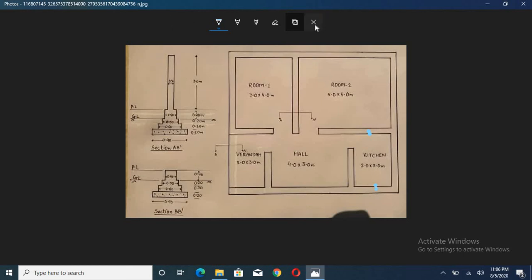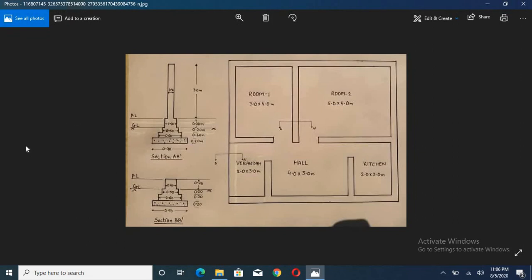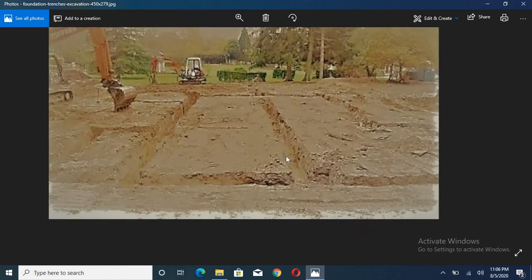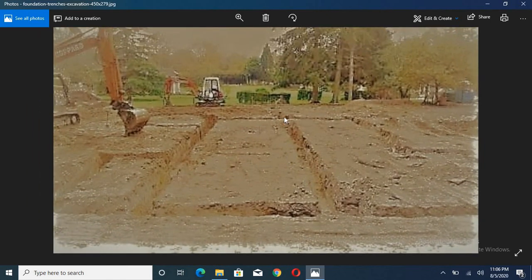So let's go to the 3D picture once again. Actually, to understand why we are deducting, just imagine this is the long wall of kitchen, hall and veranda, and we have already calculated the excavation from here to here, and this one is the short wall for kitchen, hall and veranda. Then, as in the previous case, we know that this portion should be deducted.